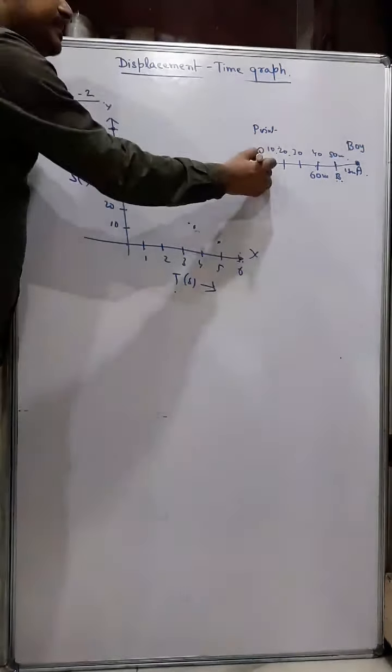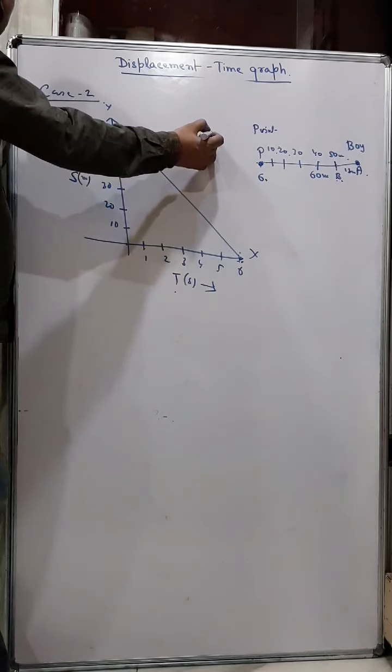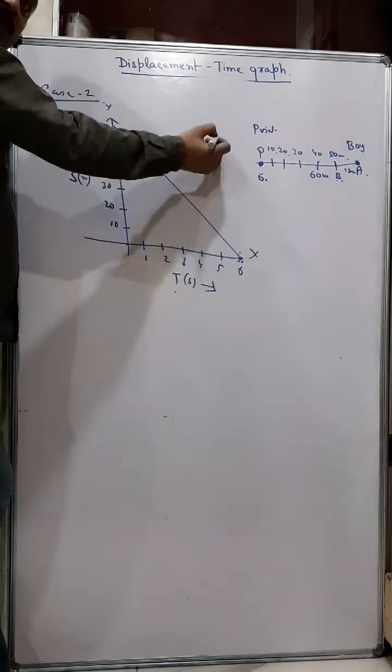So that means we get, in fact I have drawn it freehand, so the graph will get this type of graph. In the previous one we got this graph. From here it was increasing. So you can understand that when you get the displacement time graph this way, this is also uniform velocity.